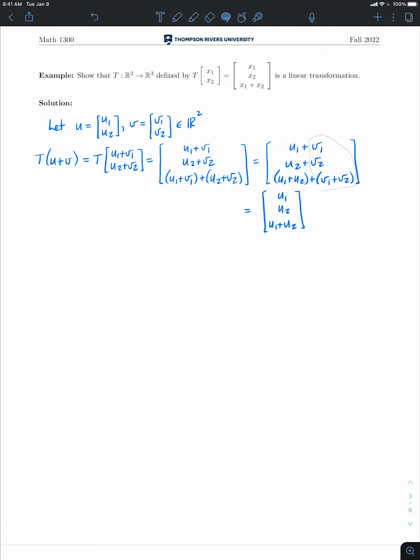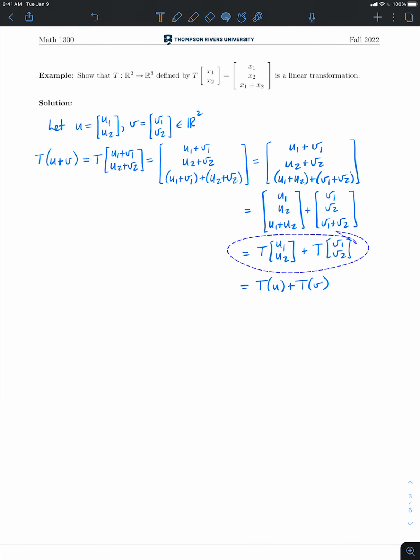And then the other vector I'll use to take care of all this material, so plus v1, v2, v1 plus v2. And this worked out perfectly because this is exactly t of u1, u2, and this one is exactly t of v1, v2. And that's just the same as t of u plus t of v.